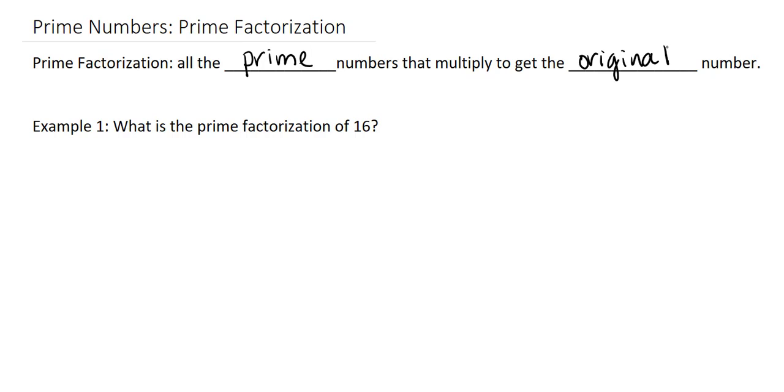So this is breaking a composite number down into its prime numbers that multiply together to get the original number. So we're going to look at an example to see how this works. Example 1: what is the prime factorization of 16?